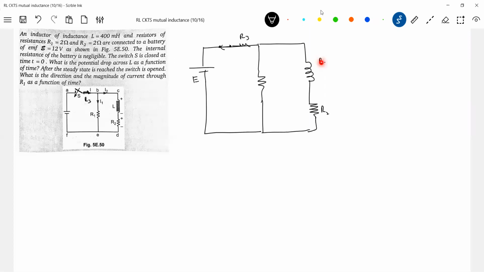So this is R2, this L, this R1. How do you solve this problem? R3 if you want. Let R3 be equal to, say, 3 ohm.